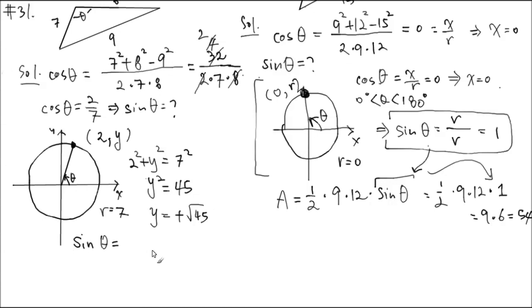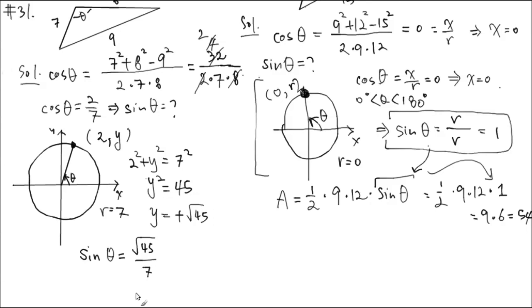What is sine theta? Are you sure? Yes, you're sure. That is the correct answer. Root 45 divided by 7. That's the y coordinate there, and radius 7 there. That's the correct number. Does that make sense? All right.